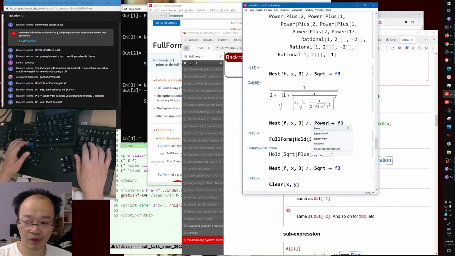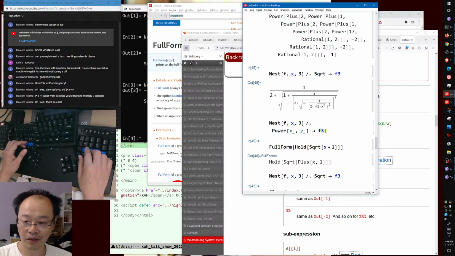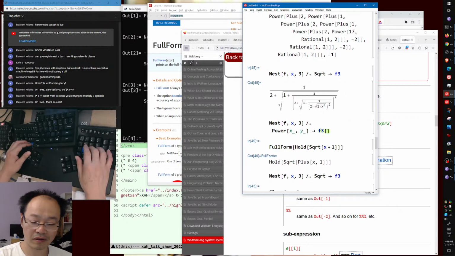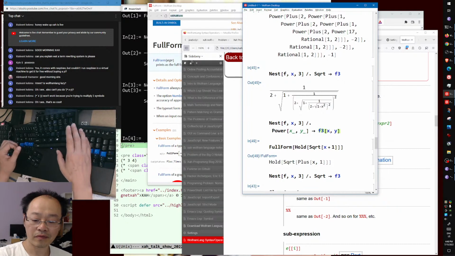I want to replace everything Power, P-O-W-E-R, with two parts, x the numerator and y the denominator. I want to replace it by function f3, whatever that is, and replace it by xy. Do it.